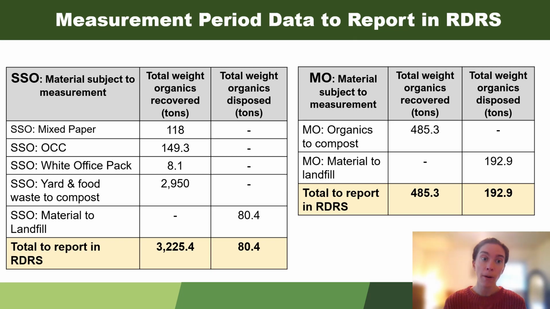And for SSO, we would measure and calculate that the same way that we did in the example for MO. So saying that we did that, our facility determined that 80.4 tons of organics were disposed from that stream during the 10-day period. Now we're going to put this measurement period data together with that quarterly data we covered earlier to show you exactly what Trash City will be reporting in RDRS.